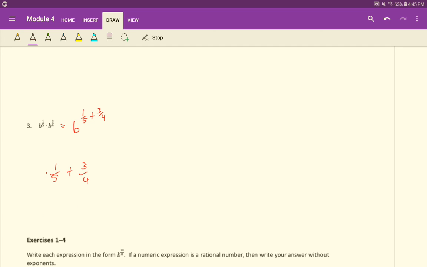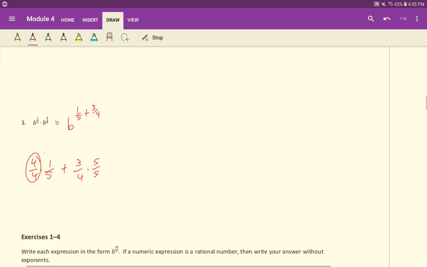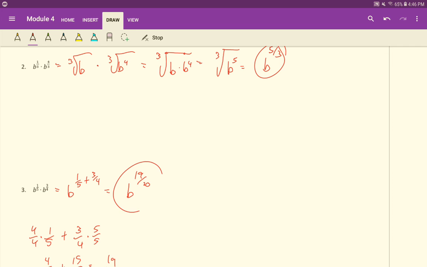So we'll multiply this fraction by 4 over 4 and this fraction by 5 over 5. Multiplying by 4 over 4 does not change the value, it's multiplying by 1. Multiplying by 5 over 5 does not change the value either. So we get 4 over 20 plus 15 over 20, which gives us 19 over 20. So this equals b to the 19 over 20. Okay, and we'll stop there and see you in the next video.